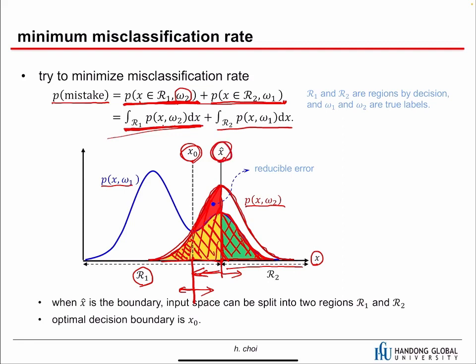If we move this boundary from here to here, then we can reduce the misclassification rate this much. So as I said, when x hat is the boundary, the input space can be split into two regions, R1 and R2. And when we move this boundary around, we can find the minimum misclassification rate. So the optimal decision boundary is x0.